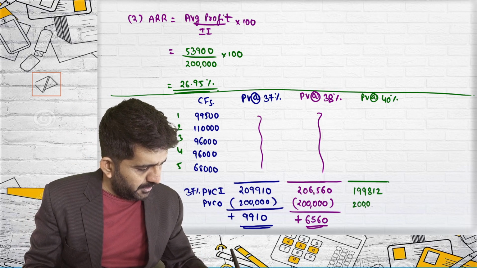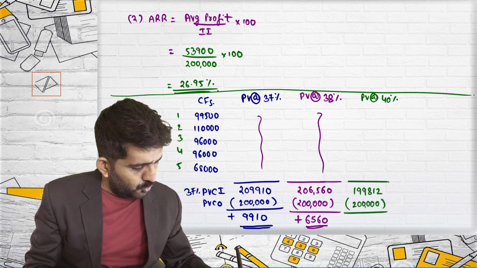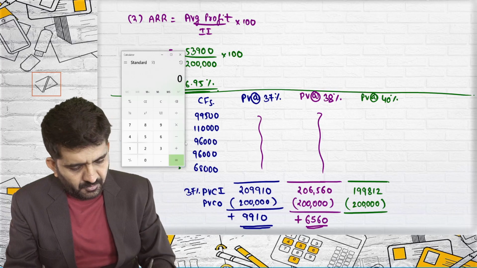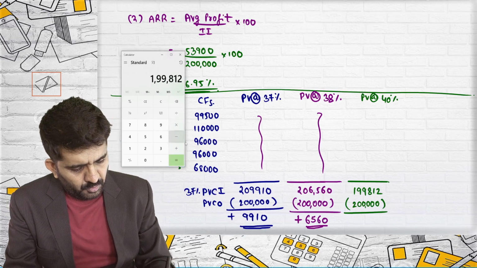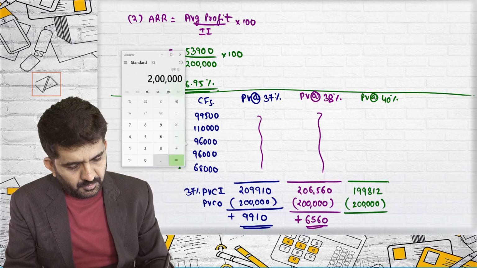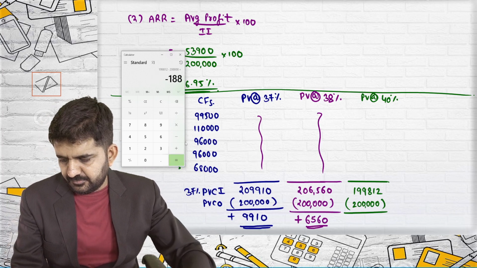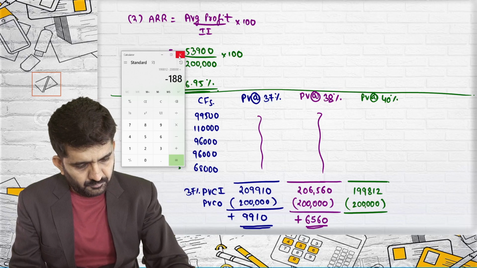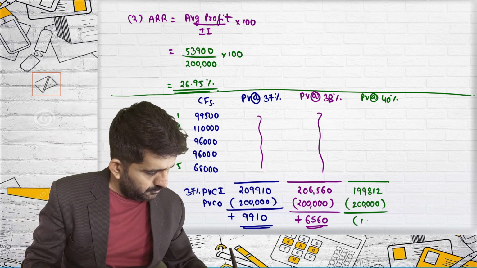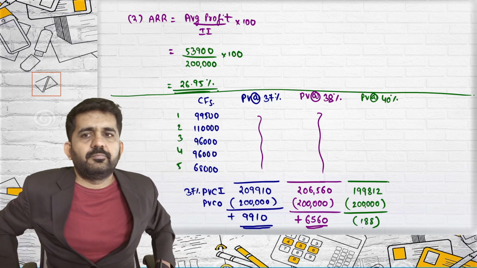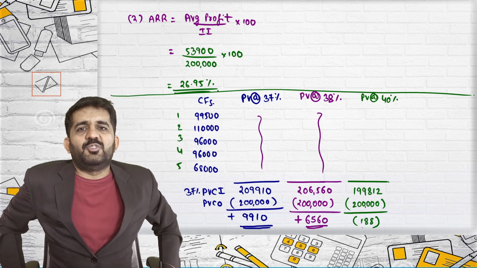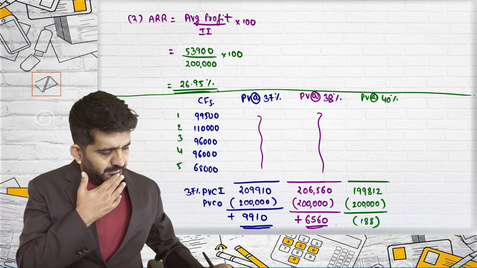199,812 minus 2 lakhs rupees. So my NPV will be 188. So it is very near to 40%, right?